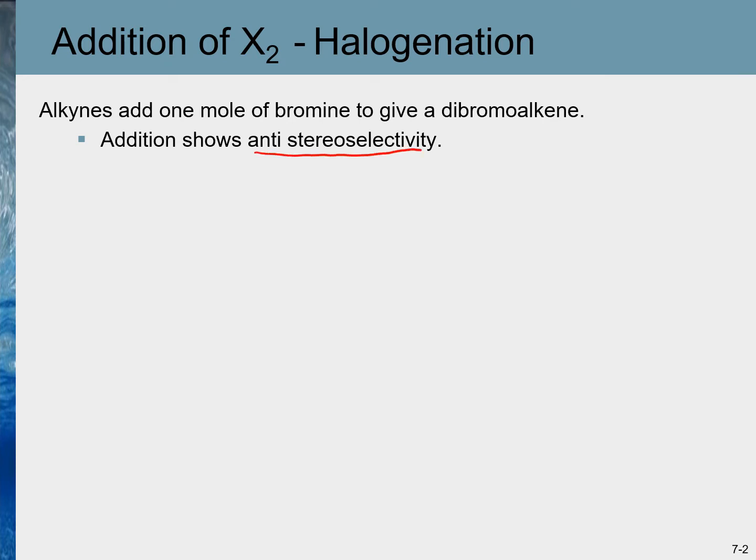For example, if we start with 2-butyne and we conduct an addition reaction with bromine, the end product will be 2,3-dibromobutene, and the addition will take place in an anti-stereoselective manner.